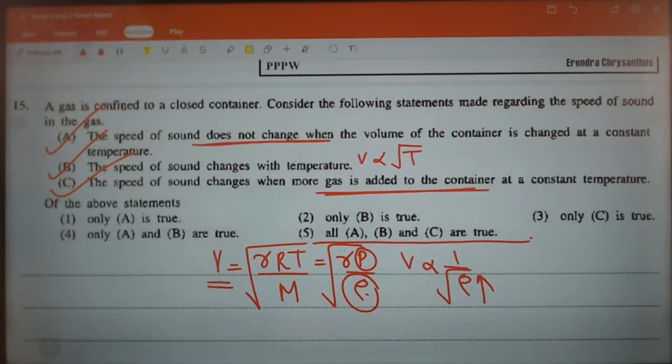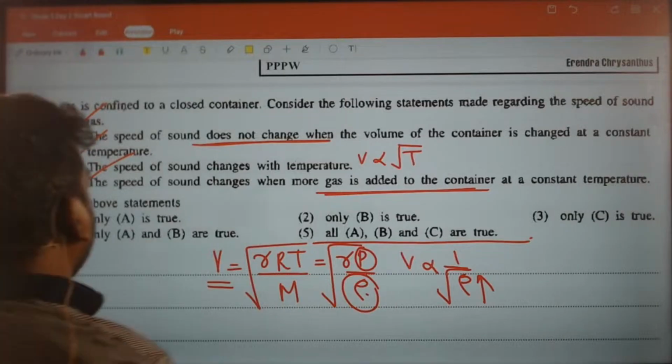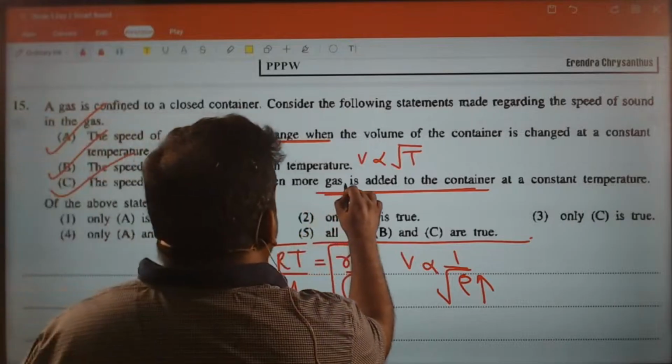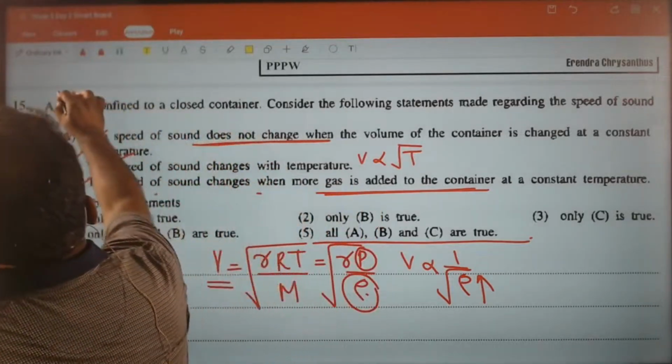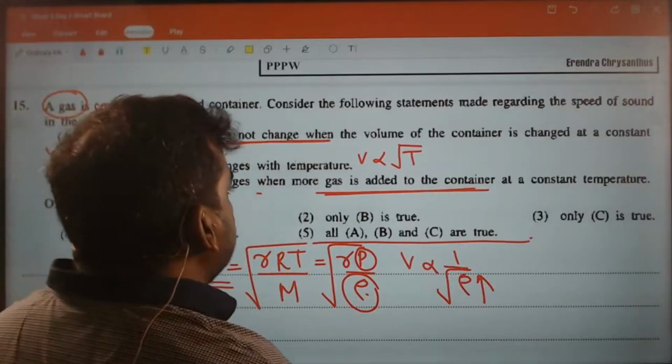When more gas is added, speed of sound changes when more gas. Here it was a gas, not a different gas.